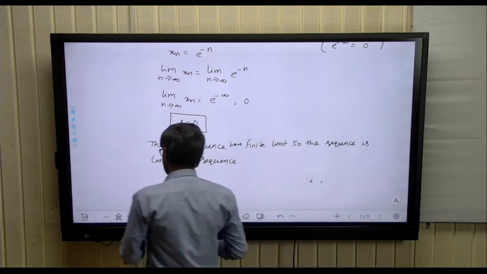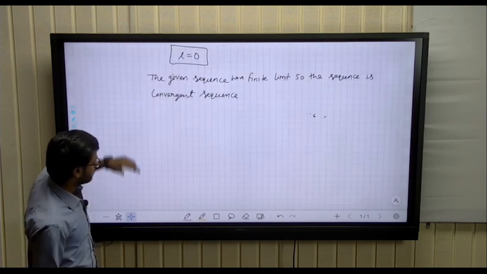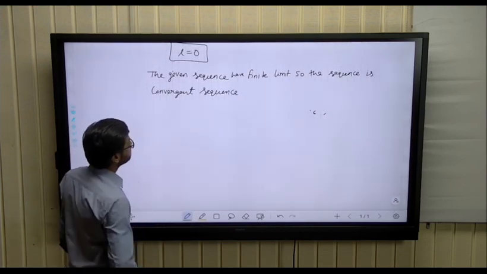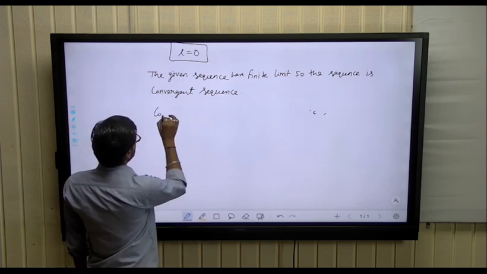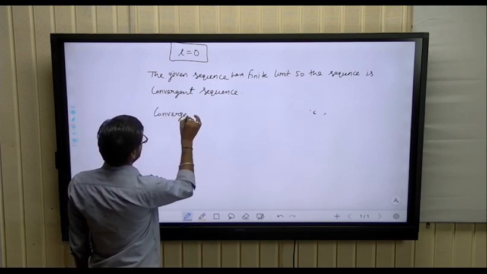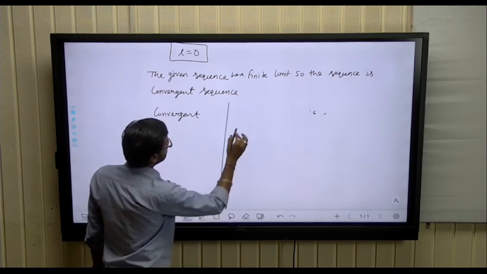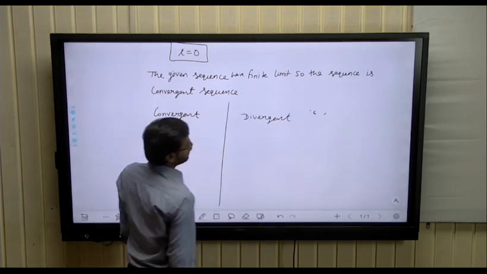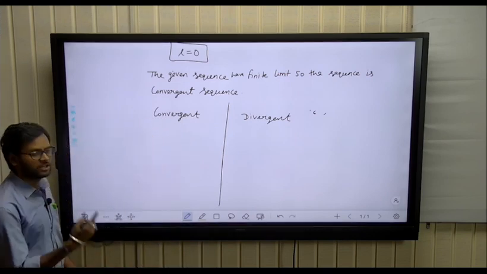Okay. Now we write the definition of a divergent sequence. See what I say, here you write convergent and here you write divergent. What is the difference between convergent and divergent? Only a single difference.